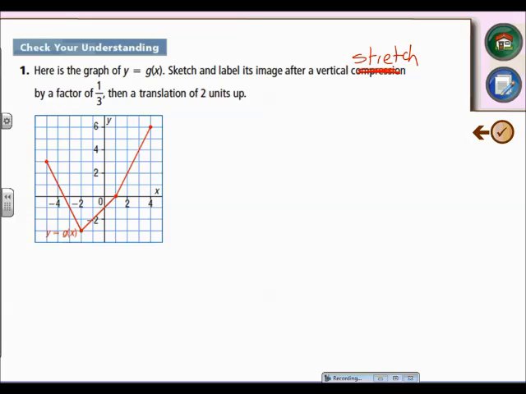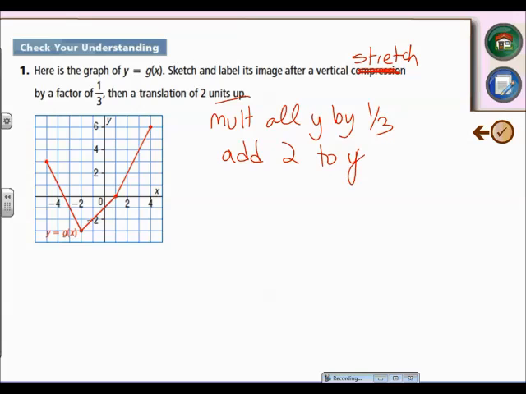So vertical stretch by factor of 1/3 means multiply all y by 1/3, and translation 2 up means add 2, and it's going up, so to the y values. All right, let's do the stretch part first. So take every point, we're going to multiply it by 1/3, so that means how far away from the x-axis it is, and then move it 2 up.